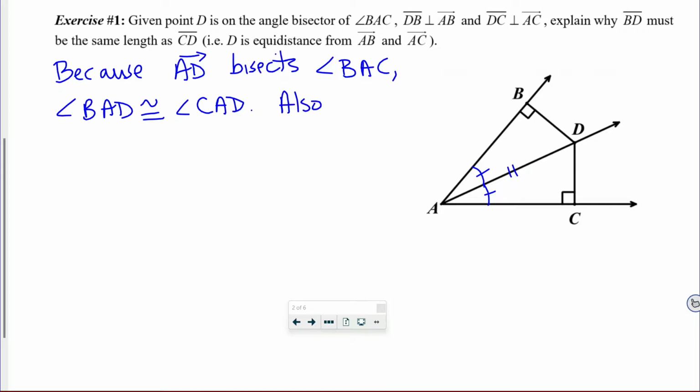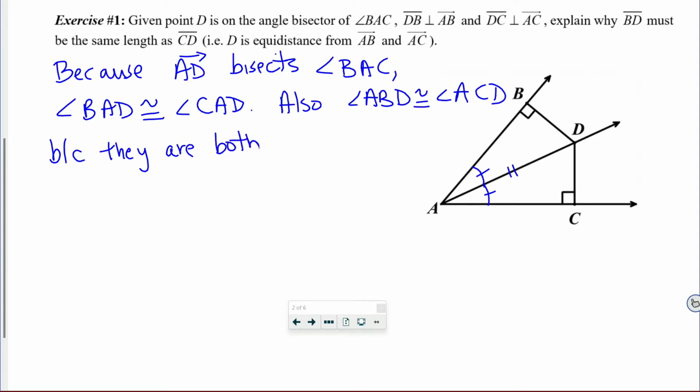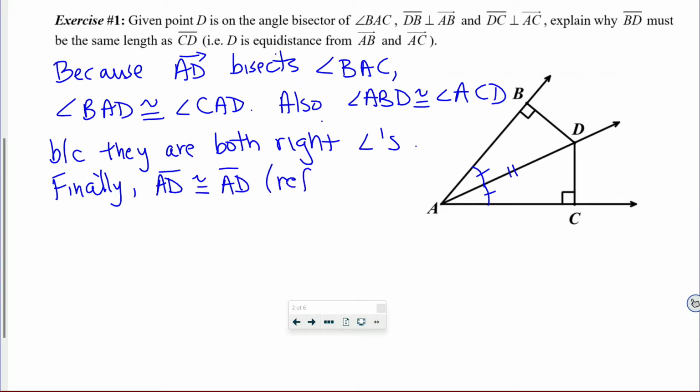Also, angle ABD is congruent to angle ACD because they are both right angles. Finally, AD is congruent to AD. Of course, we call that the reflexive property.